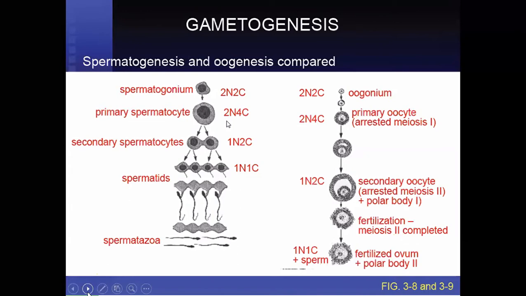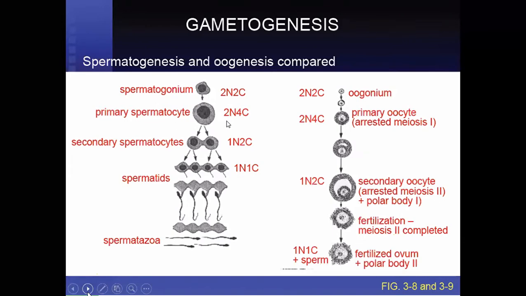But the secondary spermatocyte and the secondary oocyte, because of meiosis, will be cut into half. So, it is haploid already. Okay? And during the release of the polar body, that means that one ovum will contain the chromosomes and the other will have none. So, it is a polar body. Okay? In females. And the meiosis will only be completed once there is fertilization.